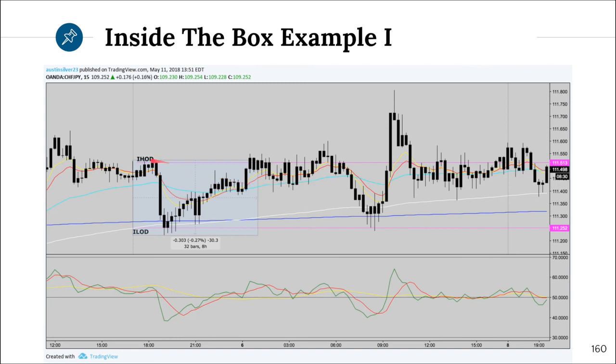So for this example, when we're looking to potentially take this pair long, and we don't see it break out of the box yet, we will wait, be super patient until it does break out of the box. Now that it does right here, that knocks another check mark off of our checklist that we're going to go over at the end of this chapter. Once it breaks out of the box, even with one candle, that is perfectly fine to qualify to say, yes, Austin, this broke out of the box today.